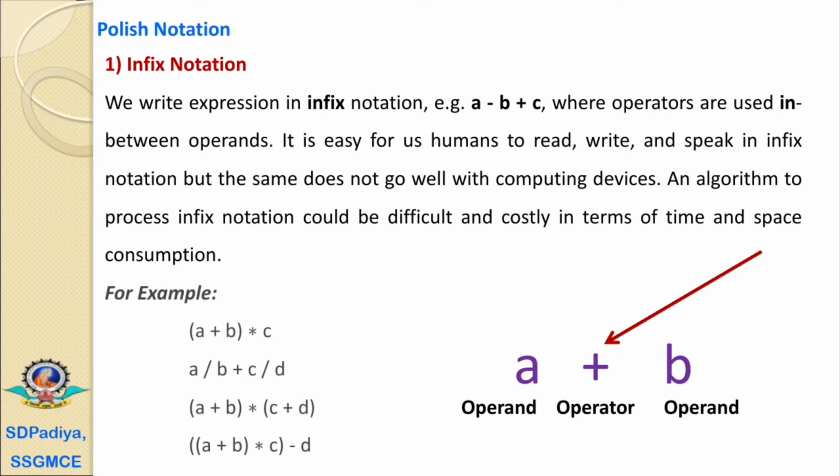We have some examples: in brackets a plus b, the bracket complete, multiplied by c; a slash b plus c slash d; then the bracket a plus b multiplied by another bracket c plus d. The last example is the bracket a plus b multiplied by c, and this bracket minus d. If we check all these examples, in between two operands there is one operator.